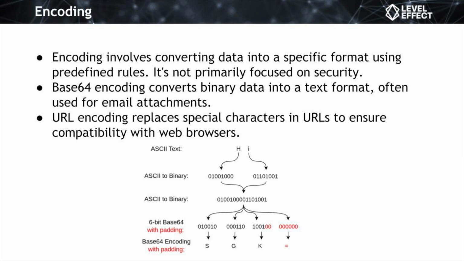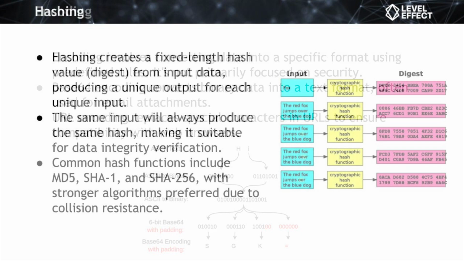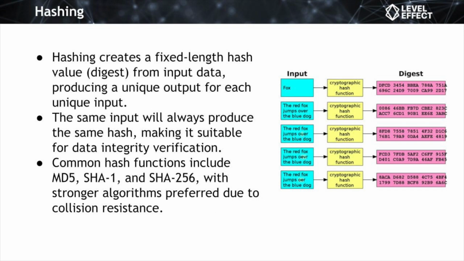For instance, spaces are often replaced with %20, and other characters are similarly represented to prevent ambiguity in URLs. And while URL encoding doesn't focus on security, it does ensure that URLs can be correctly processed by web applications and browsers. Let's now review hashing a little bit more in depth.